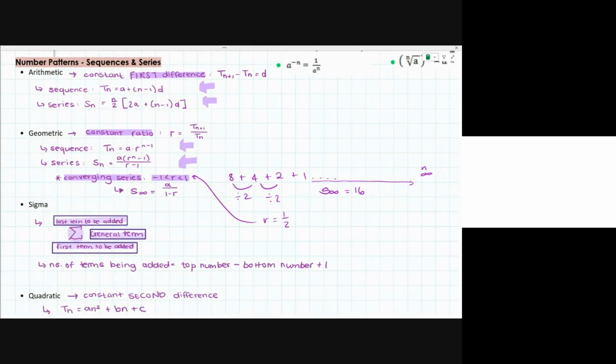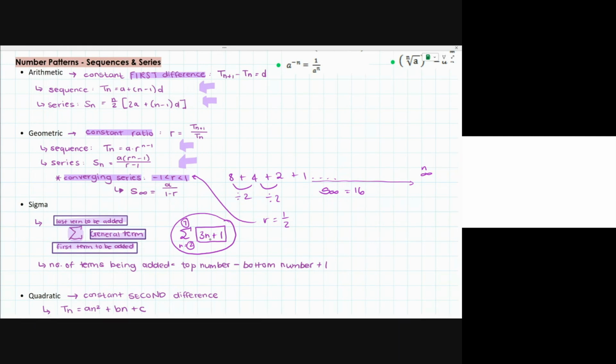So essentially, if we took a random example, let's say I had sigma of n equals 2 to 7 of 3n plus 1, for example. What this sigma expression is saying to me is, I want to add, starting from term 2 all the way up to term 7, the terms that follow this rule over here.